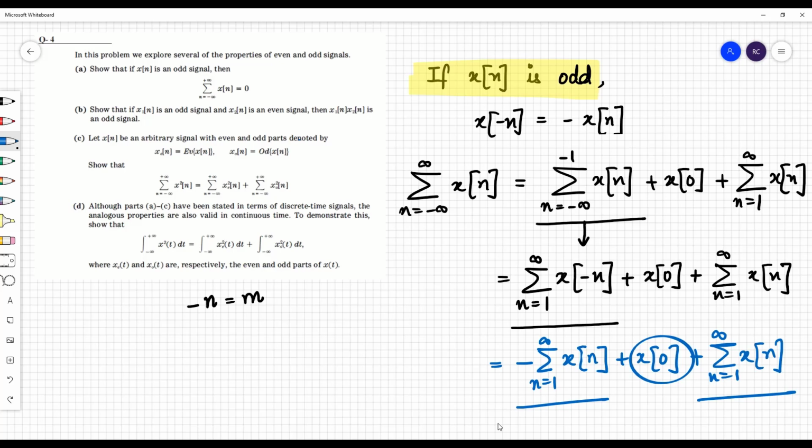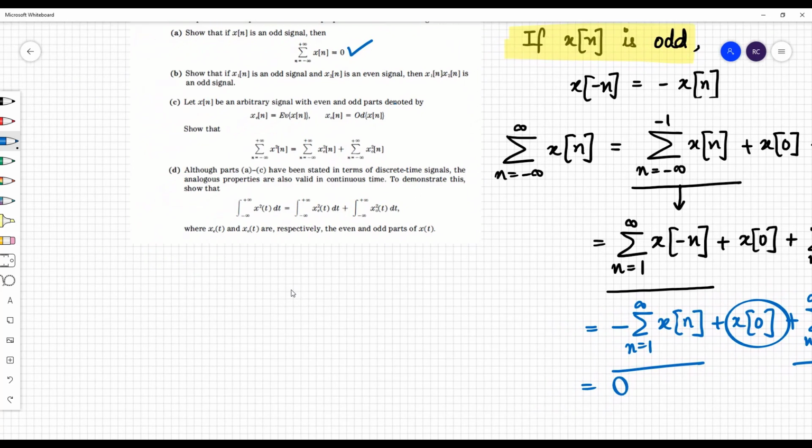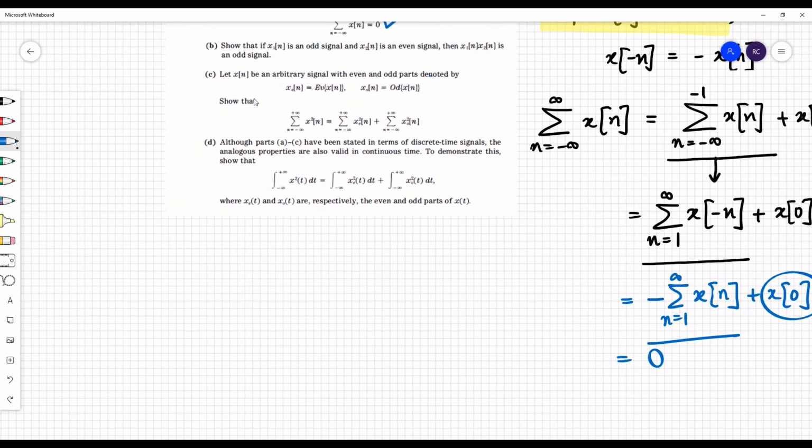X[0] has to be 0. It has got no other option because it's an odd signal, right? And this gives us final output as 0. Okay, so this is how you prove the first part. Now moving on to the second part, it says show that if x1[n] is an odd signal and x2[n] is an even signal, then the product of the two is an odd signal.